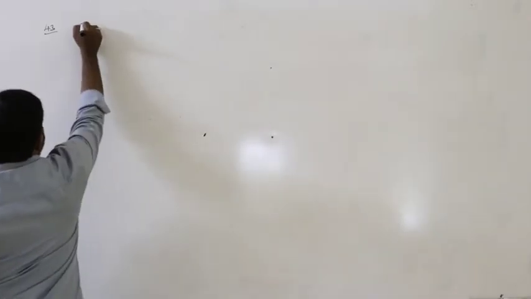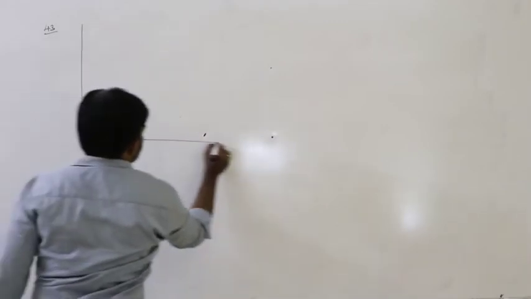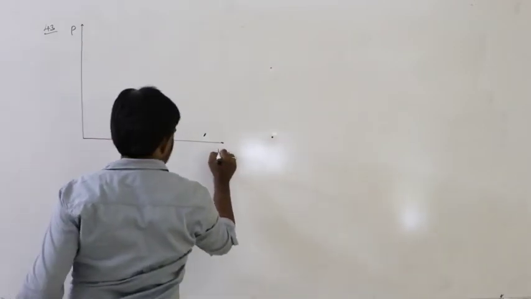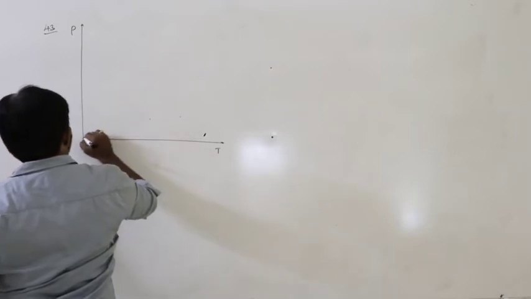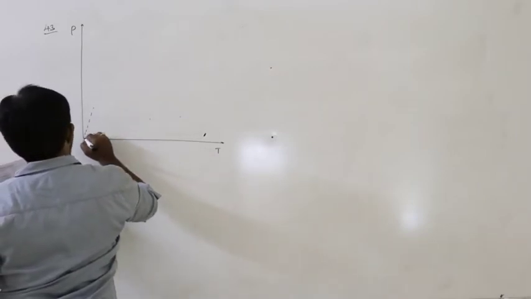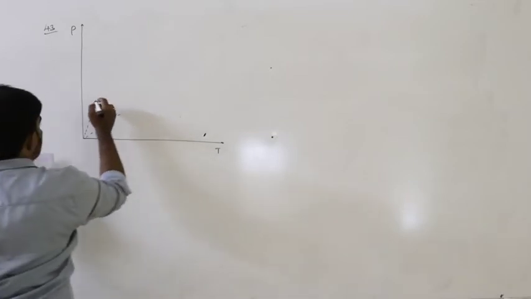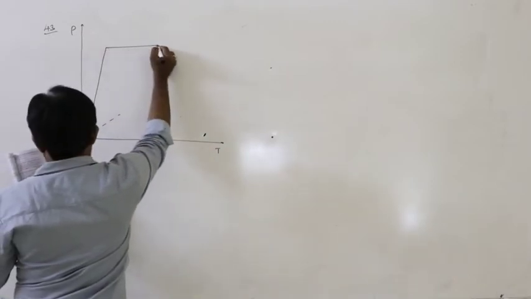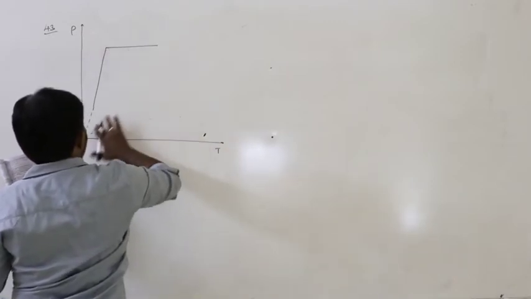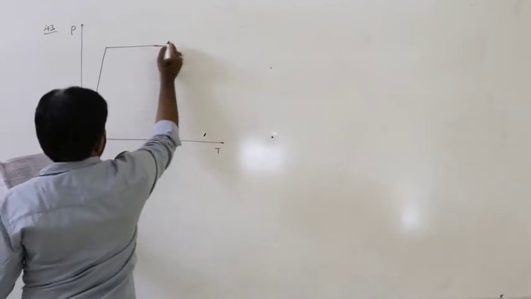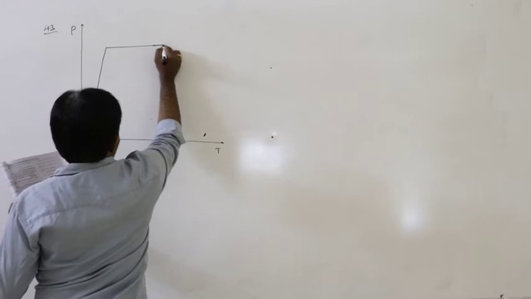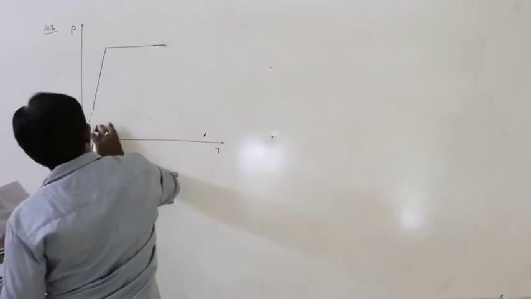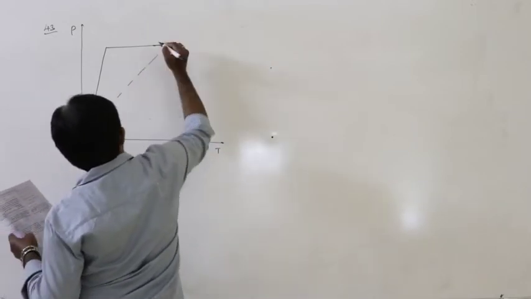See here, this is the shape of the graph given. The graph is between pressure and temperature, so we have to draw the graph like this.